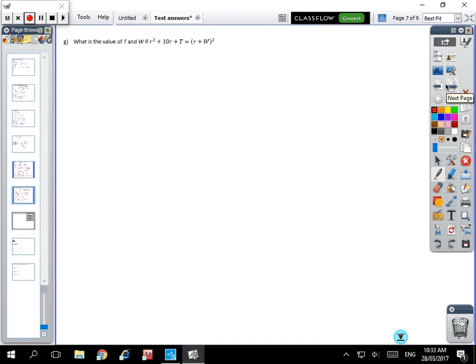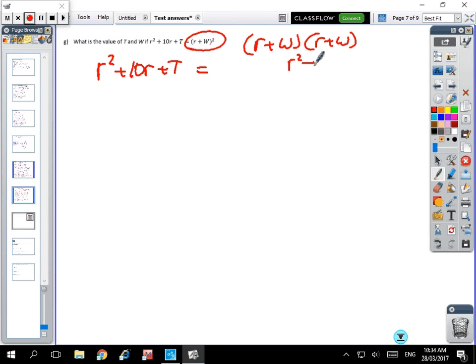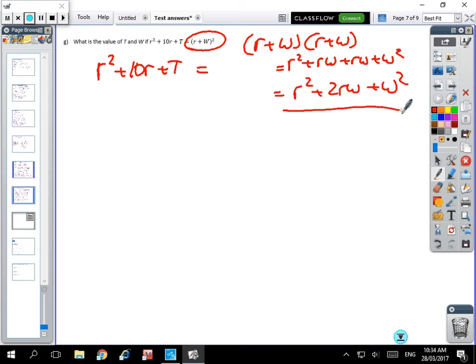Okay, this next one was a little bit harder. So we've got r squared plus 10r plus t. Now expand out r plus w squared, which equals r squared plus rw plus rw plus w squared, equals r squared plus 2rw plus w squared. So if you have a look, see how they line up. So that term equals that.